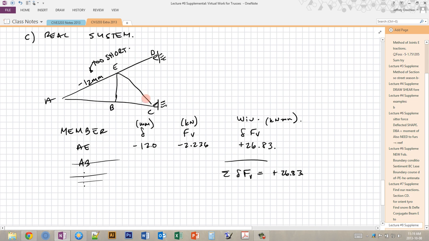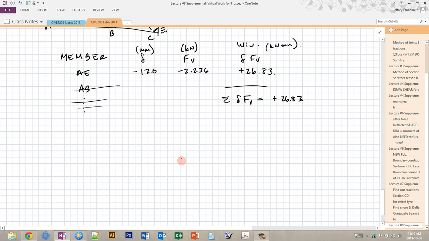Now we could have multiple members that are too short or too long, in which case we would add extra rows to this table. And then again, external virtual work equals internal virtual work. The left side of the equation is the same because we're still looking for the same deformation, delta A. And then on the right we have the sum.